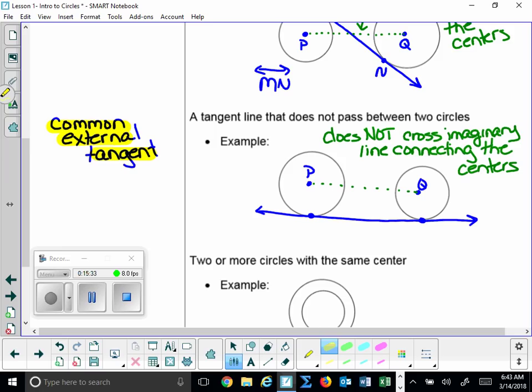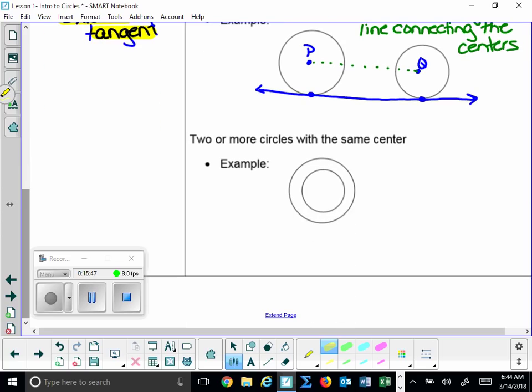All right, one more word, which is kind of nice because we've got an awful lot of vocabulary in one lesson. And that is concentric circles. Concentric circles are two or more circles with the same center.